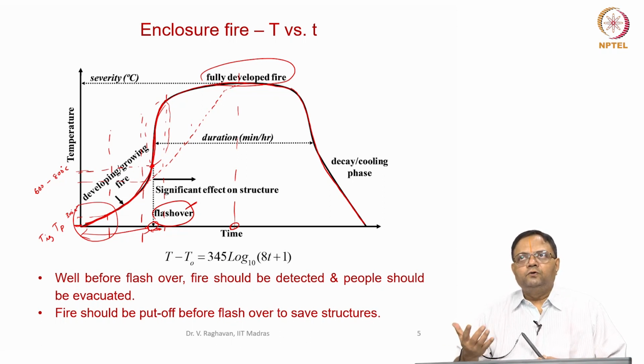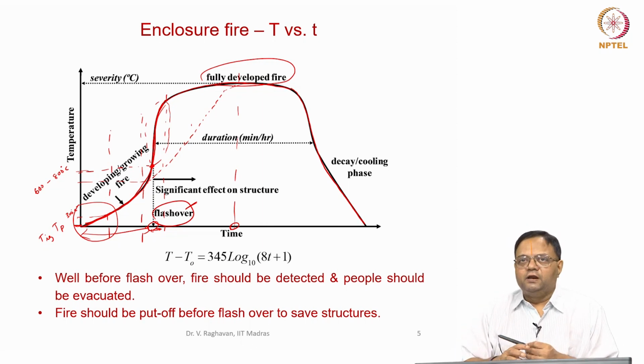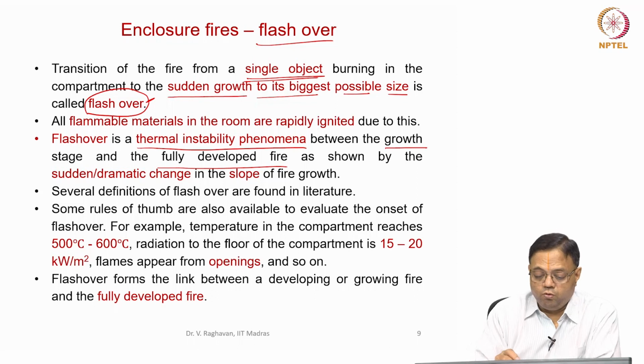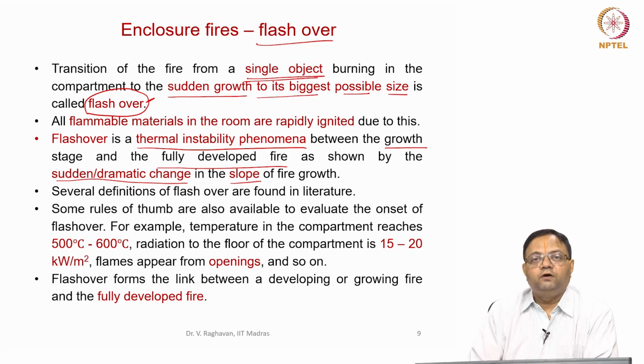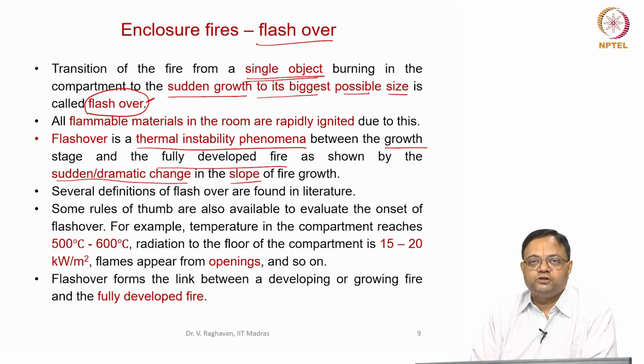Basically what happens is, multiple modes of heat transfer contribute to ignition of several commodities in the compartment. Now, a sudden change in the slope of the temperature or the heat release rate is the indication of the flashover.